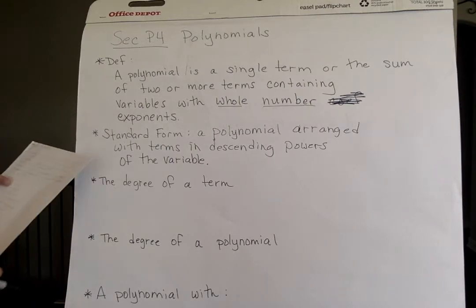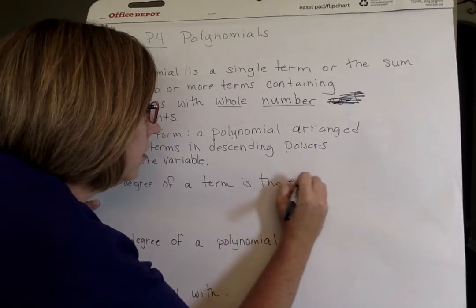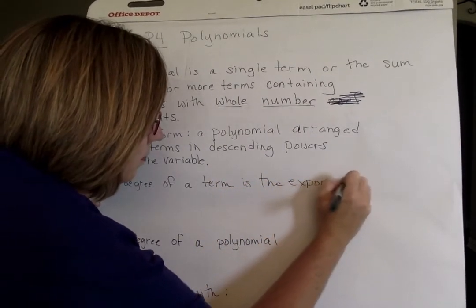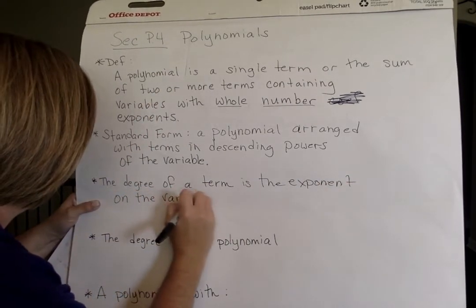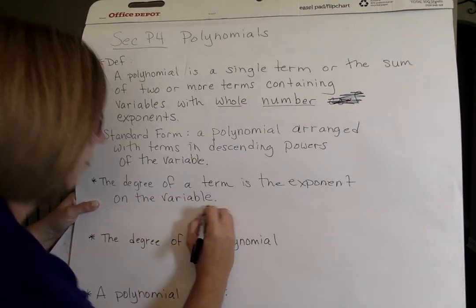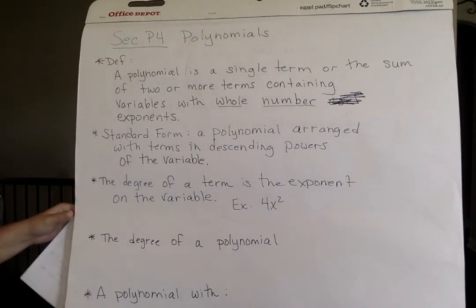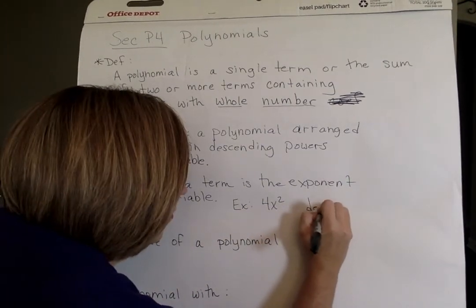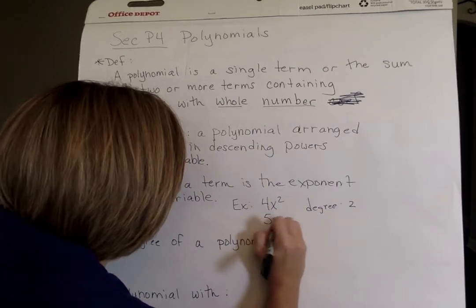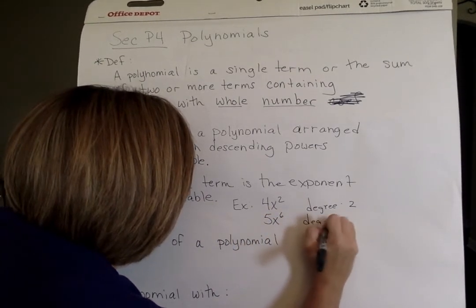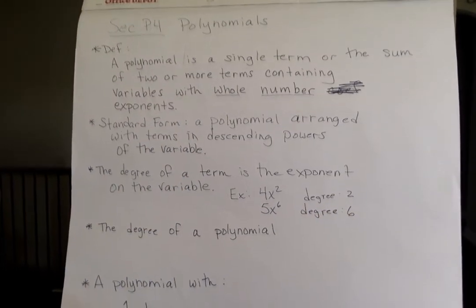The degree of a term is the exponent on the variable. Okay, so if we had something like 4x squared, the degree is 2. If we had something like 5x to the 6th power, the degree there is 6. Okay.